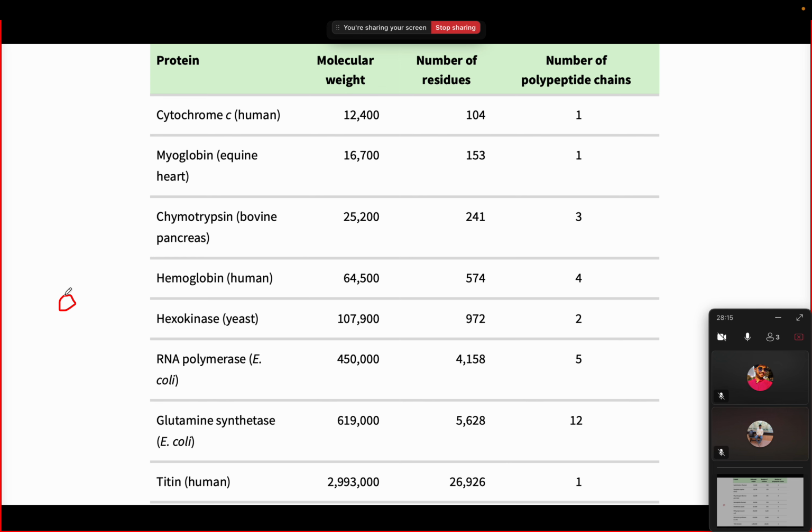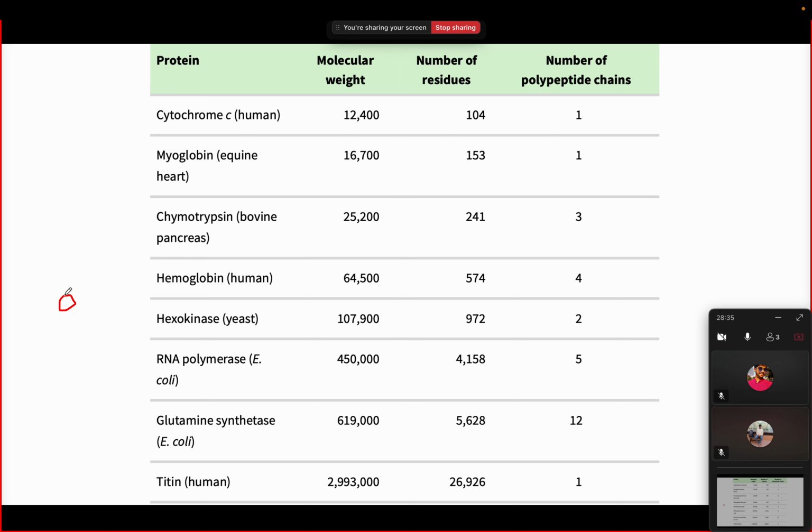Multimeric, oligomeric, these are the terms we use when there is more than one polypeptide chain associated with the protein. Similarly, hemoglobin has 4 chains, and hexokinase has 2 polypeptide chains, and imagine they have 972 amino acid residues for hexokinase.